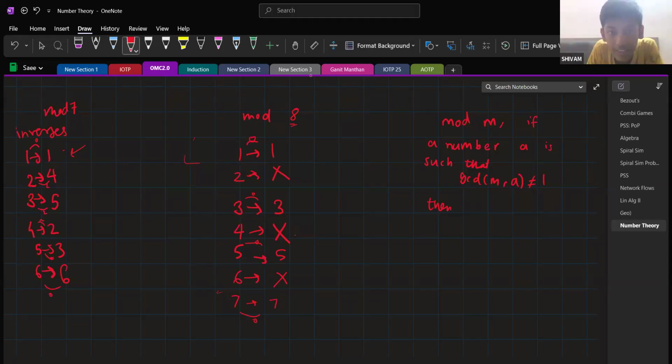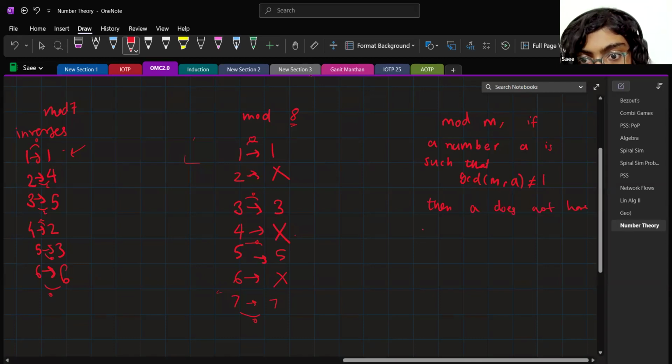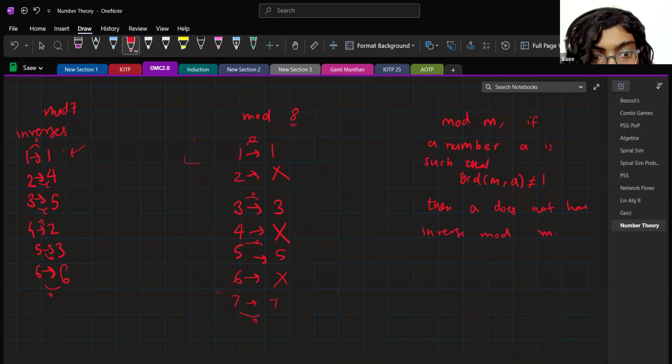Then it doesn't have any inverse. Yes, then a does not have an inverse mod m. Do people see how to prove this?